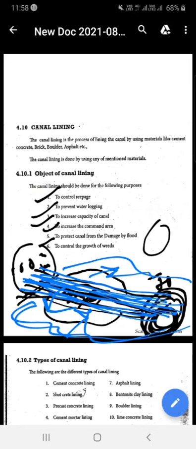These growths are also minimized when we use linings, say cement concrete lining, brick lining, boulder, asphalt. Whenever we use these materials, we can safely mitigate the growth of grassy plants. So this much was it on the objectives of canal lining.